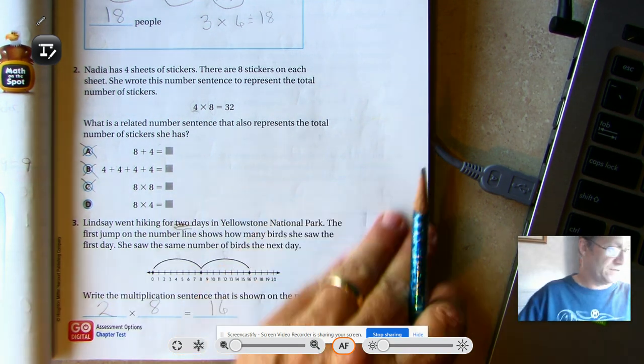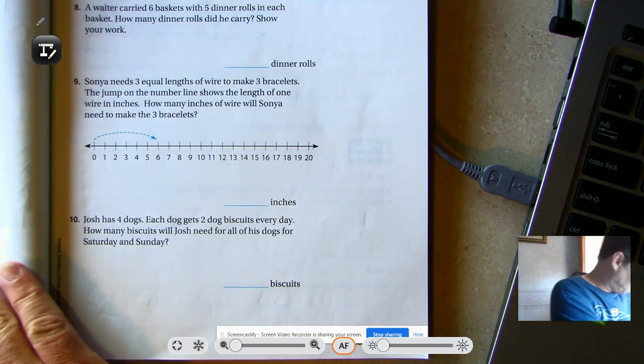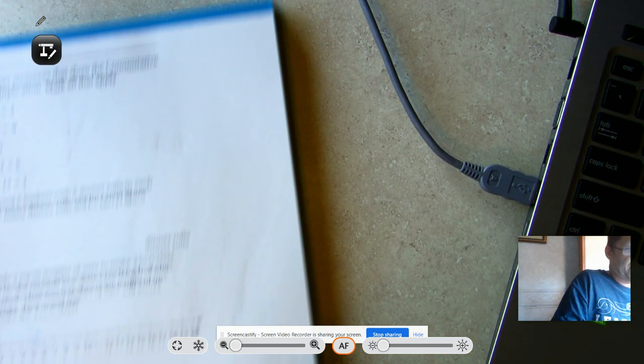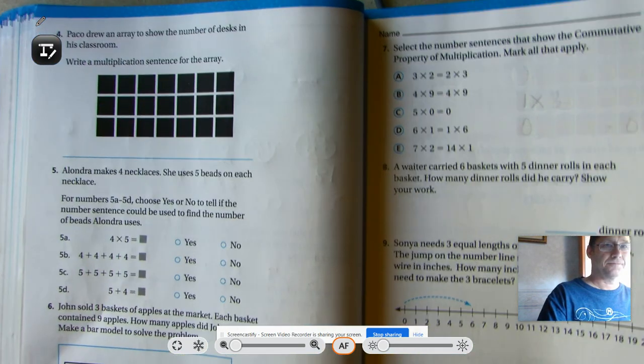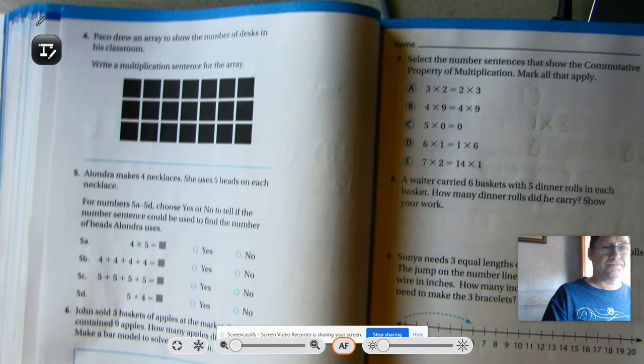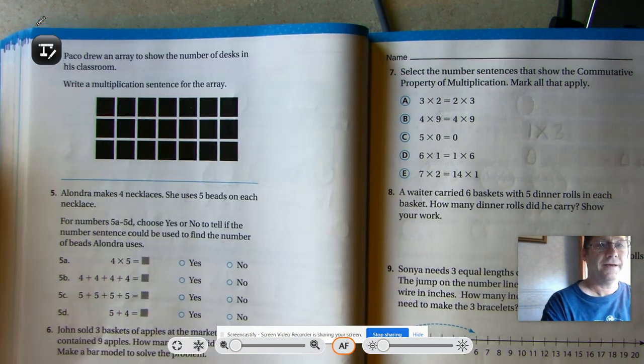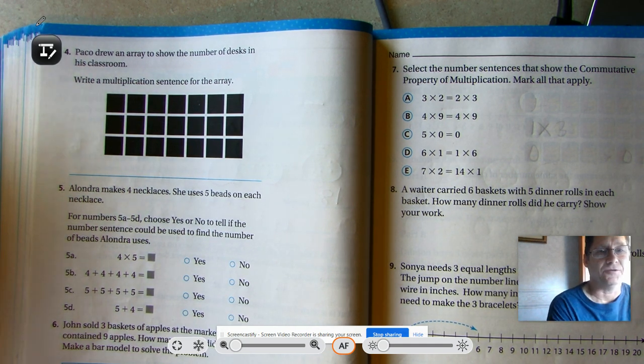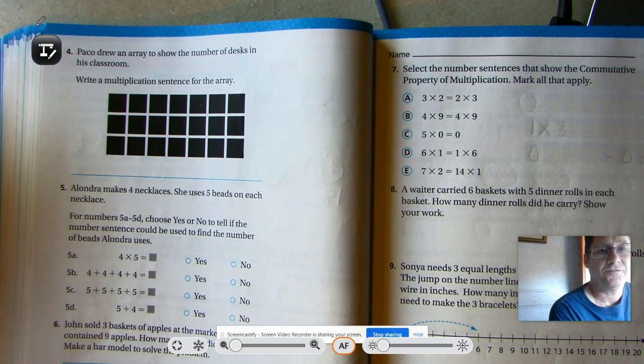Okay, let's move on to page 132. Okay, Paco drew an array to show the number of desks in his classroom. Write a multiplication sentence for the array.